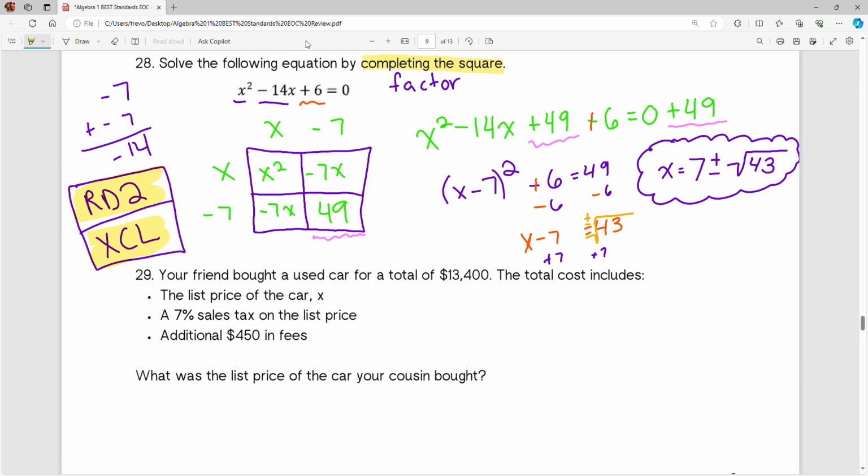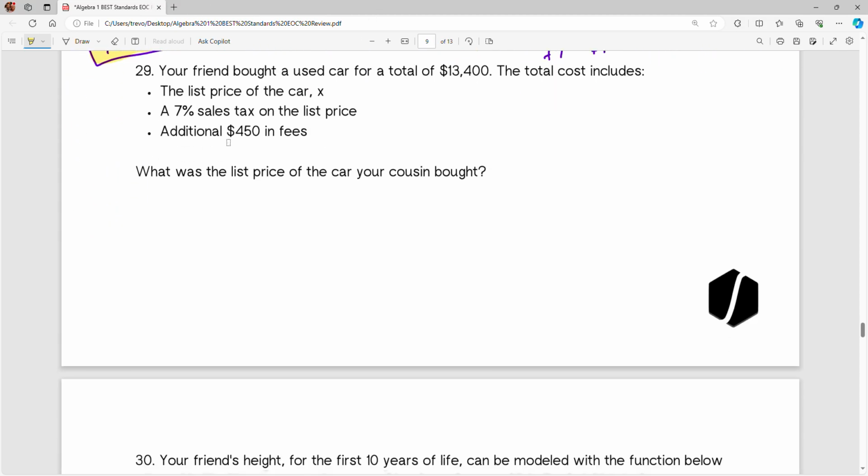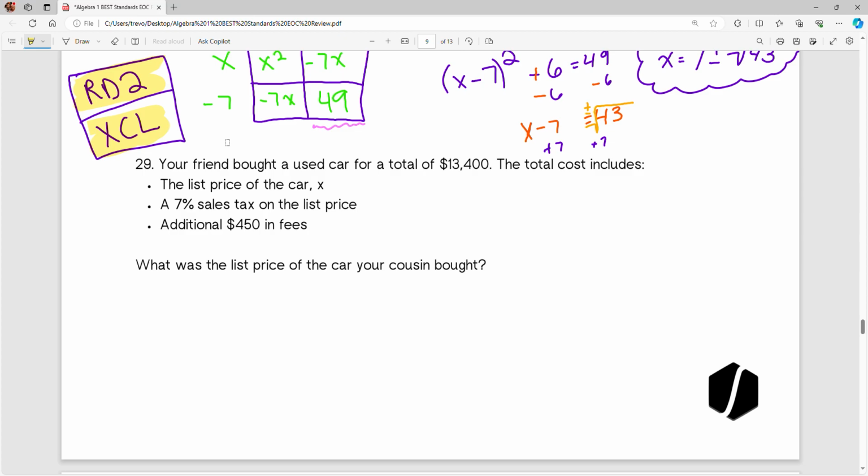And now we are on the last question of the page. Your friend bought a used car for a total of $13,400. The total cost includes the listing price of the car, which is X, a 7% sales tax on the list price, and an additional $450 in fees.